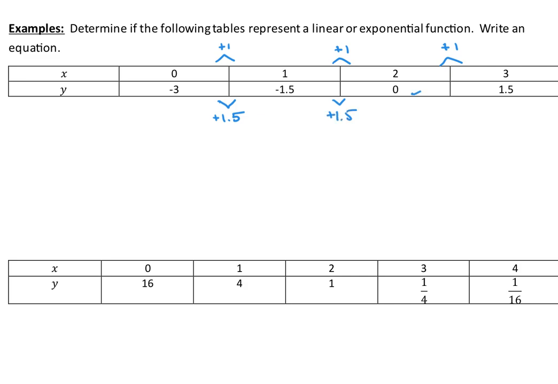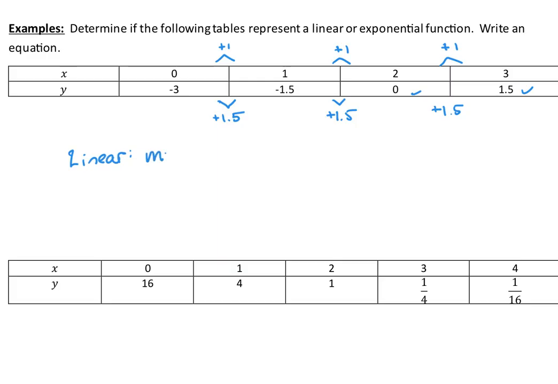We do. If we do 0 plus 1.5, do we get 1.5? We do. And so what we have here is linear, because we are adding the same number as we go through our table.